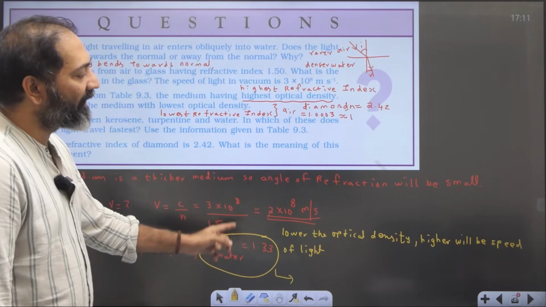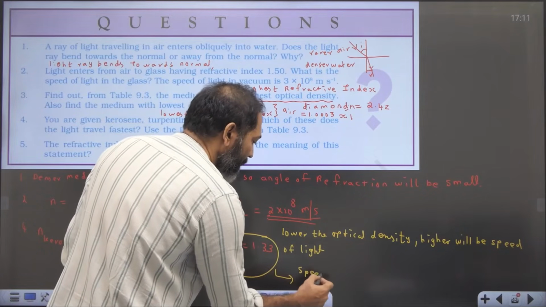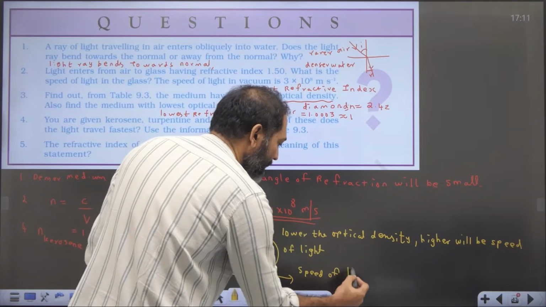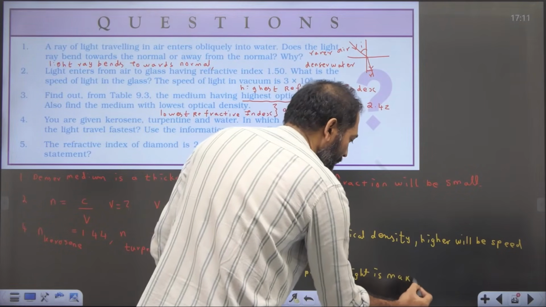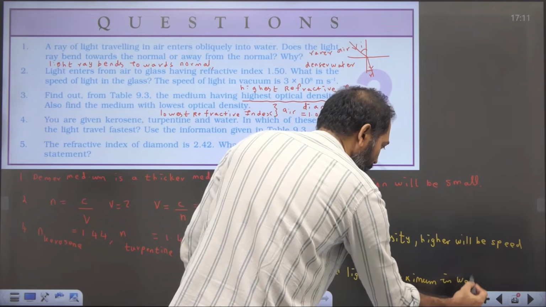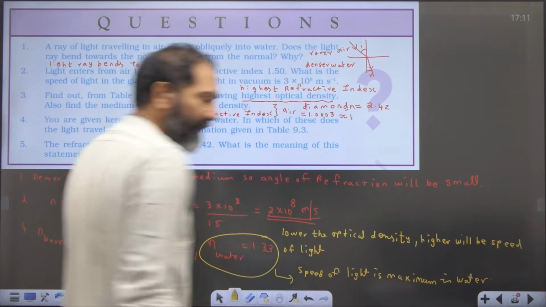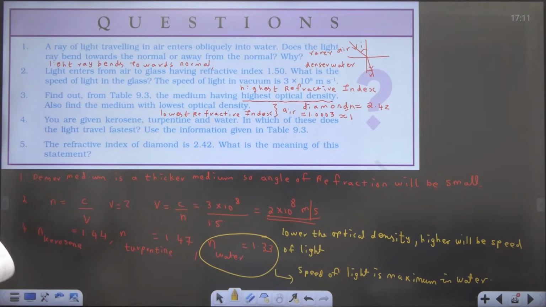That means what? Least optical density. So, speed of light is maximum in water. Speed of light is maximum in water. Speed of light is maximum in which? Water.